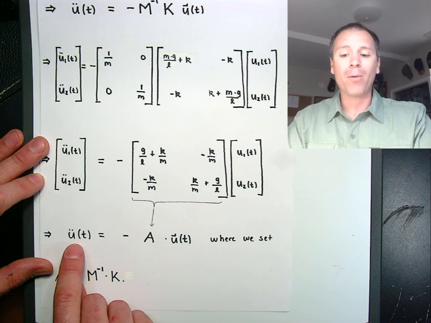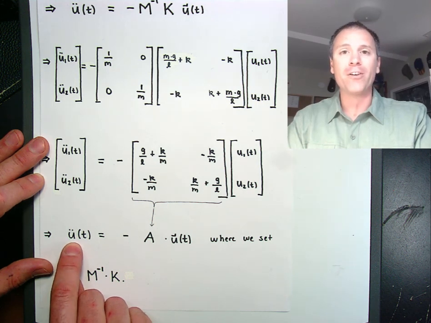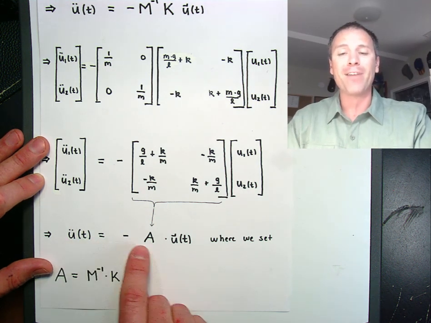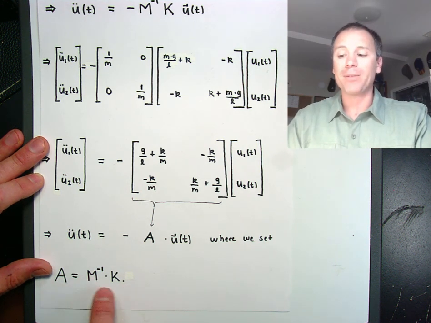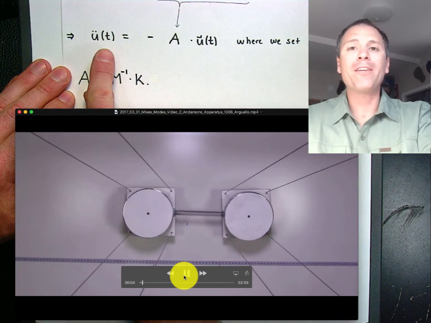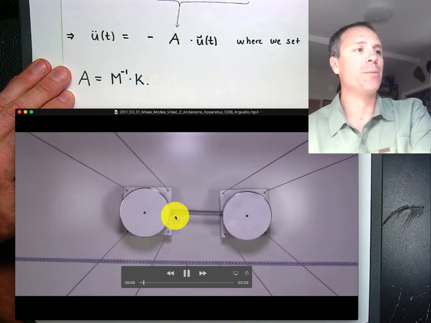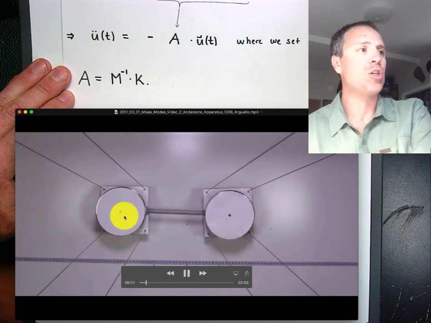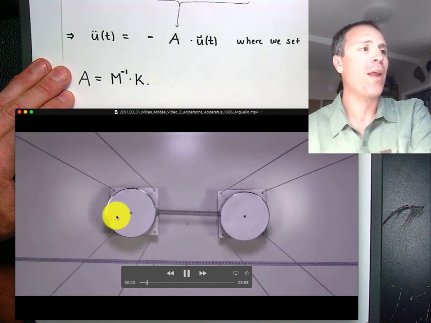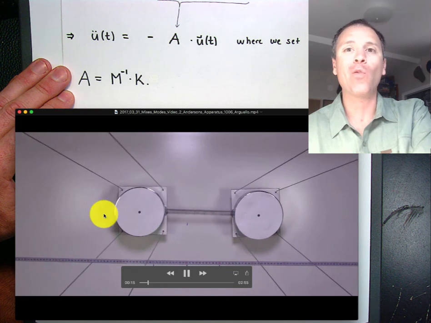We can restate our problem. The second derivative of our desired displacement function is equal to negative A times u of t, where A is m inverse times k. In other words, when we're trying to figure out what the motion of the pendulum is, here we have this video where we're looking at the center of the masses, the two pendulums are coupled, and we're trying to figure out how these things displace over time.